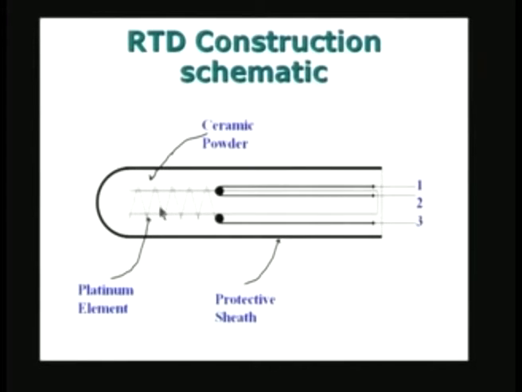The platinum element is itself protected from the outside by the sheath, and either the 3 leads or the 4 leads are taken out as shown here. This is only a schematic. The entire RTD construction may be only a few centimeters in length and a few millimeters in diameter. Here I have shown a very enlarged view just to make things clear, and I have shown very few turns. Actually there will be a large number of turns to achieve 100 ohms resistance at 0 degrees Celsius for a PT100.